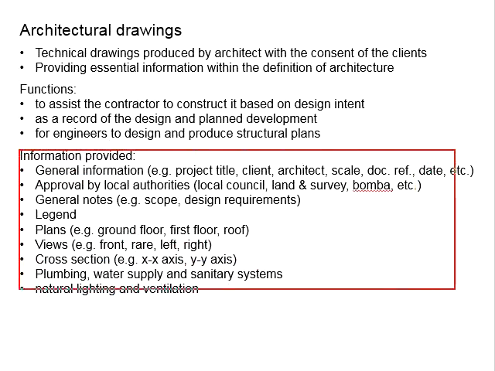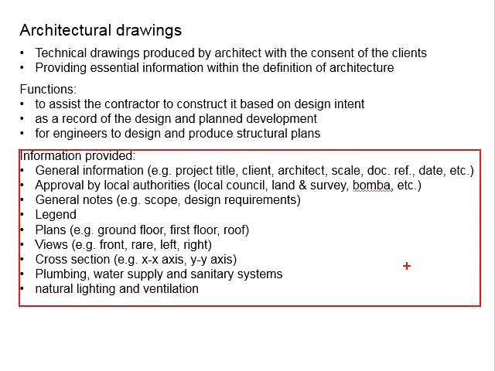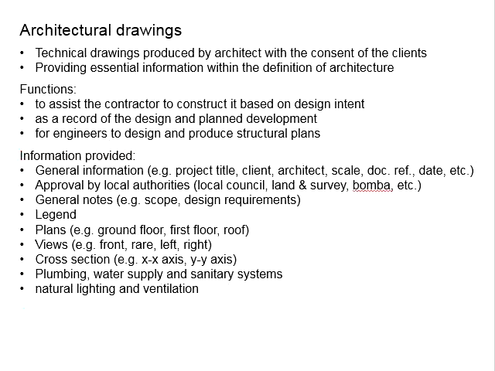These are the typical information that you can obtain from the architectural drawing. These include general information such as the project title, what kind of project it is, whether residential buildings, offices, car parks, commercial buildings, and so on.